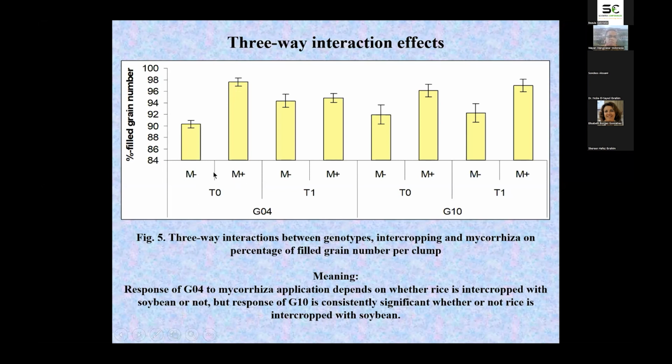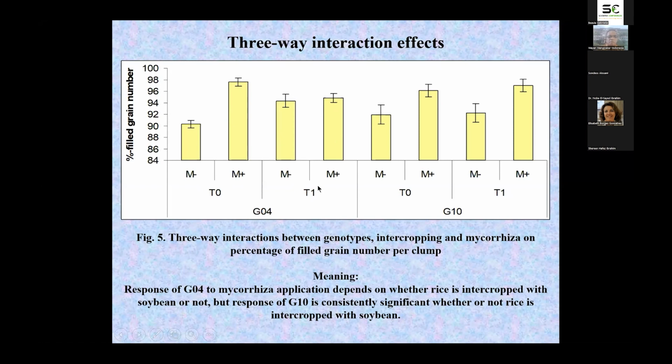Without intercropping, the increase is very high. Here, not very high, not a significant increase between without and with mycorrhiza.